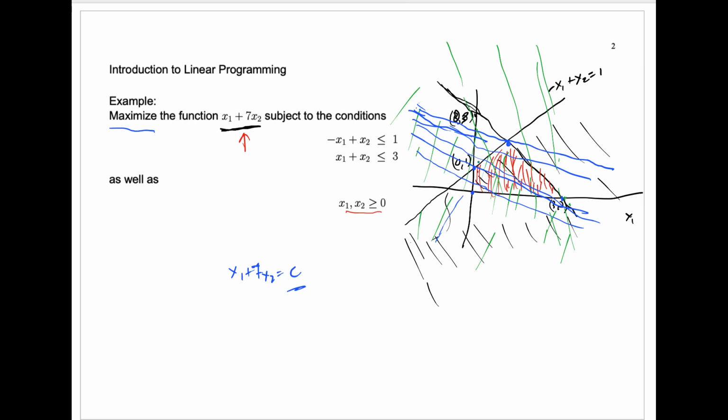Or if there were negative signs on things, it might be down here at this vertex. It could, in principle, depending on the objective function, be any one of these vertices. We see that for the problem we have, it's at this vertex right here.